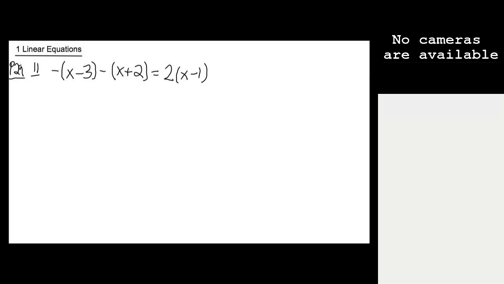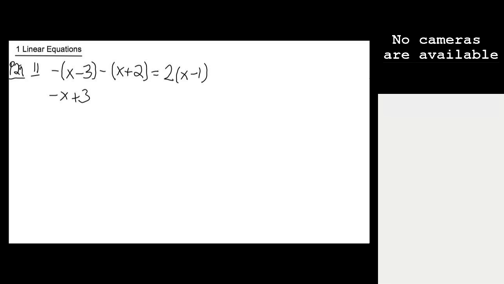So the first thing we'll do is multiply -1 by x and -1 by -3. So -1 by x will give me negative x, and -1 by -3 will give me plus 3. The main thing we notice as teachers when students are doing this question is they multiply the first term by -1 and they forget to multiply the second term. So be careful here that you multiply x by -1 and you also multiply -3 by -1.